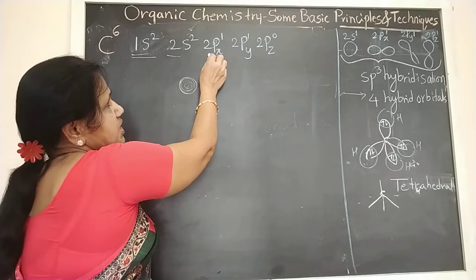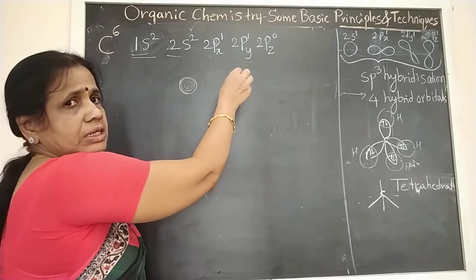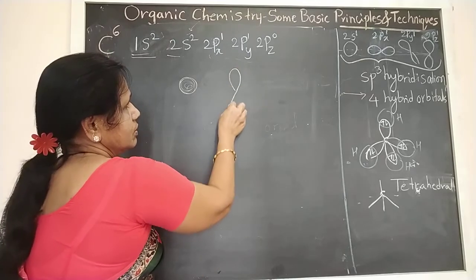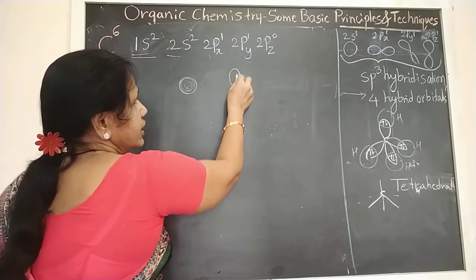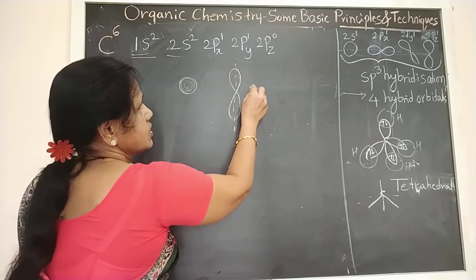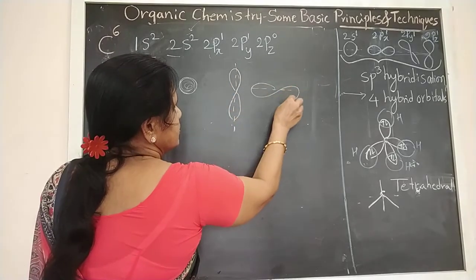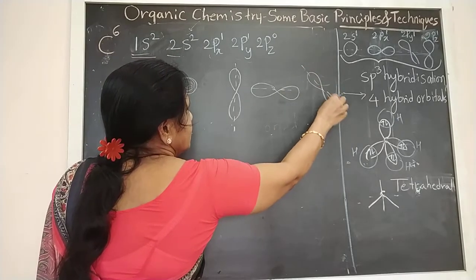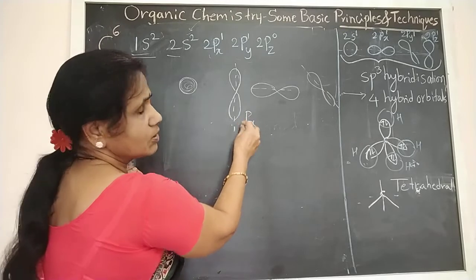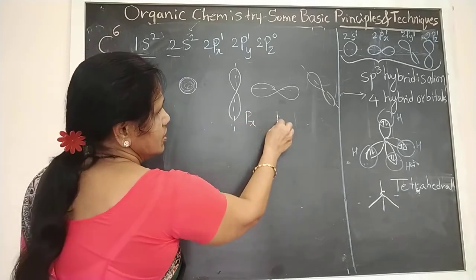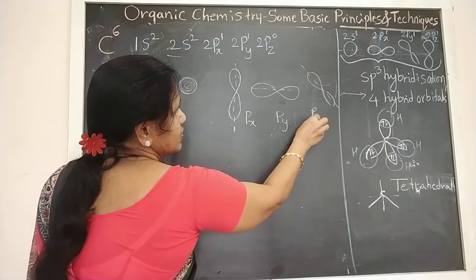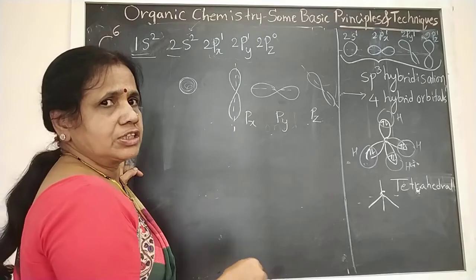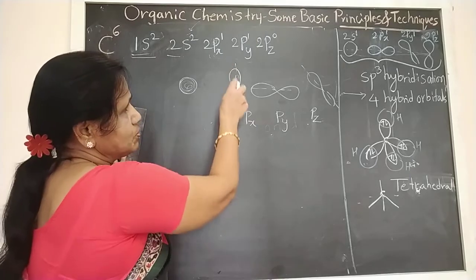In the p subshell, there are 3 p orbitals which are dumbbell shaped along the x-axis, y-axis and z-axis: px, py, pz. Including all these, we say it is the p subshell.